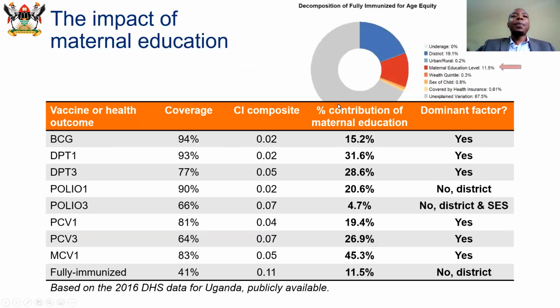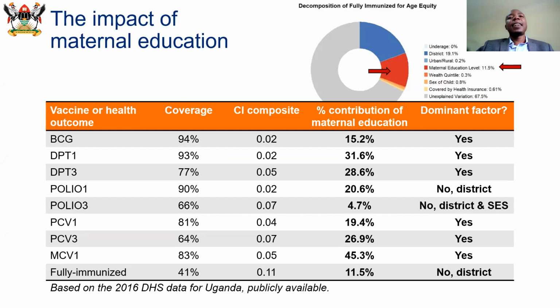So, speaking more to the role of maternal education, we see that maternal education had a substantial role to play in defining, contributing to or explaining inequity in vaccine coverage.